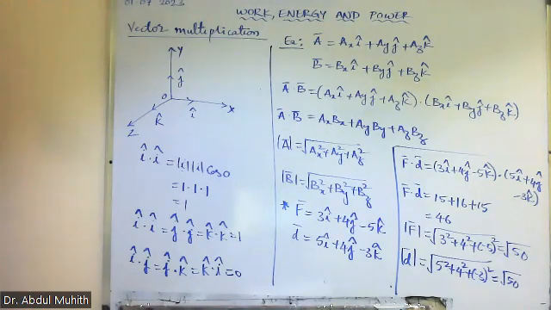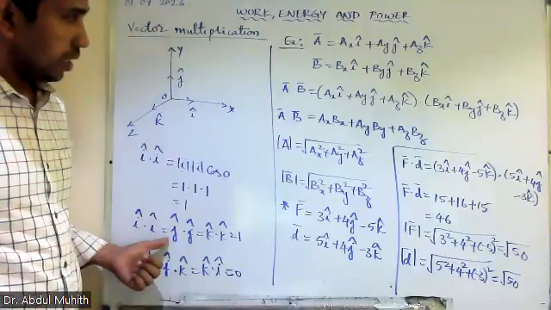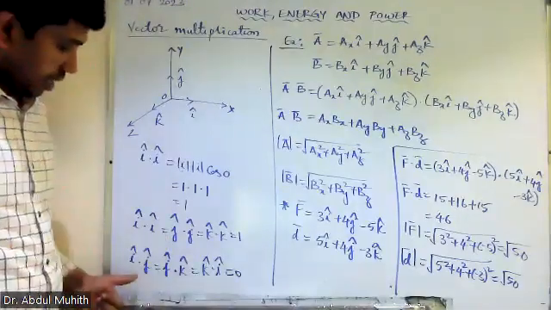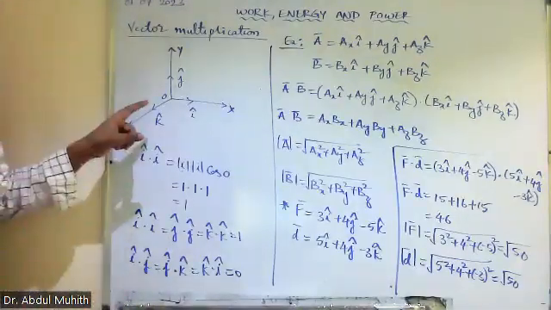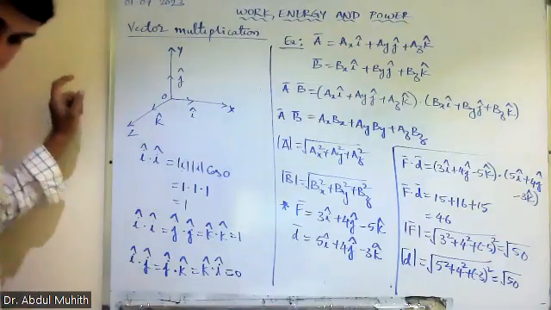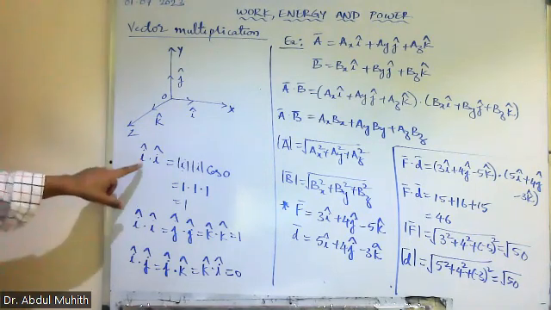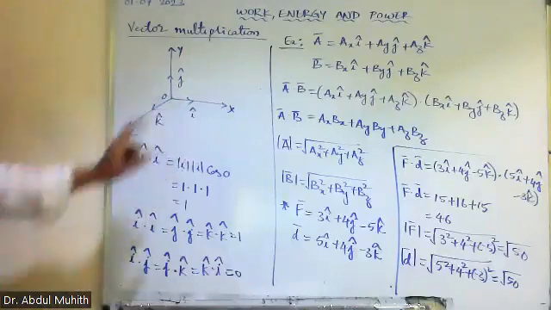Yes, sir. Okay, the last part, I into J, can you tell that again? Below that. See, what will happen? Now see, I dot I angle is 0 degrees.